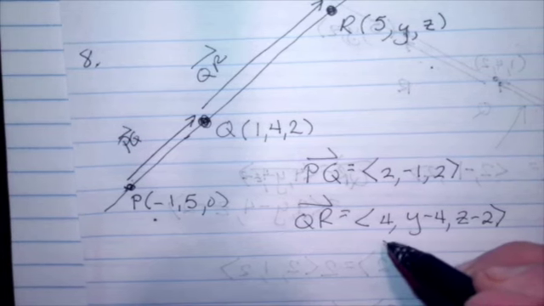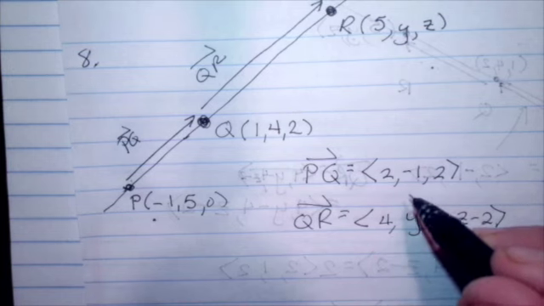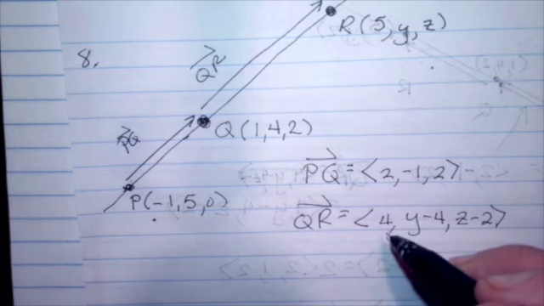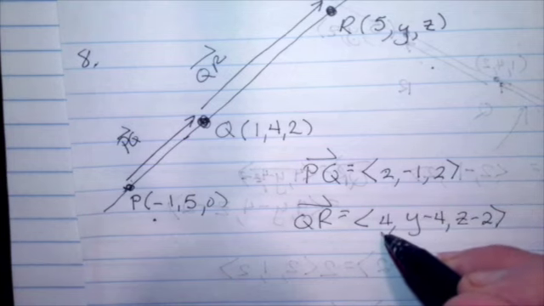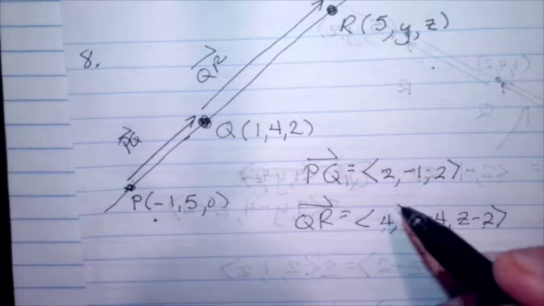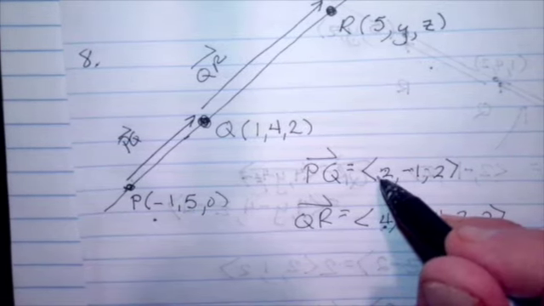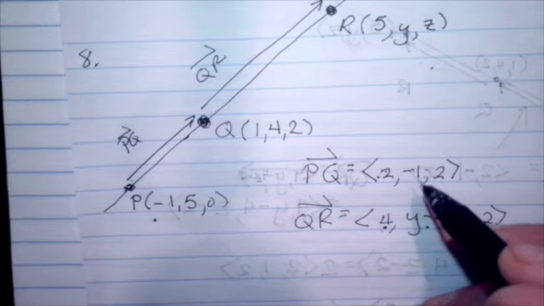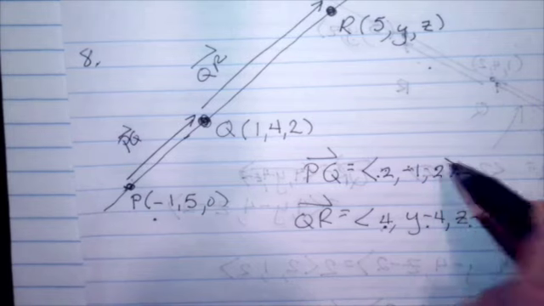So if one of these vectors is a scalar multiple of the other, that means the constant of proportionality is going to have to be the same for these two components, and these components. What I'm getting at is that this component is twice this component. So this one must be twice that one. This z component must be twice that z component.